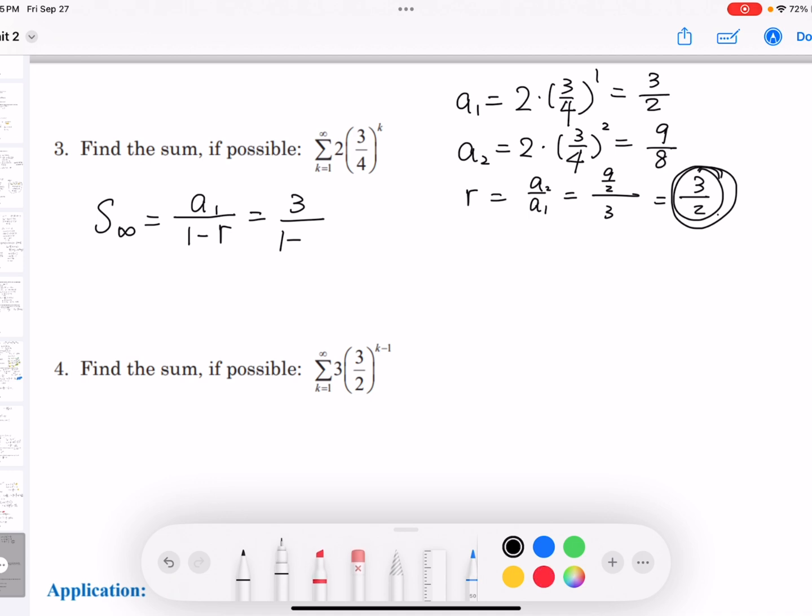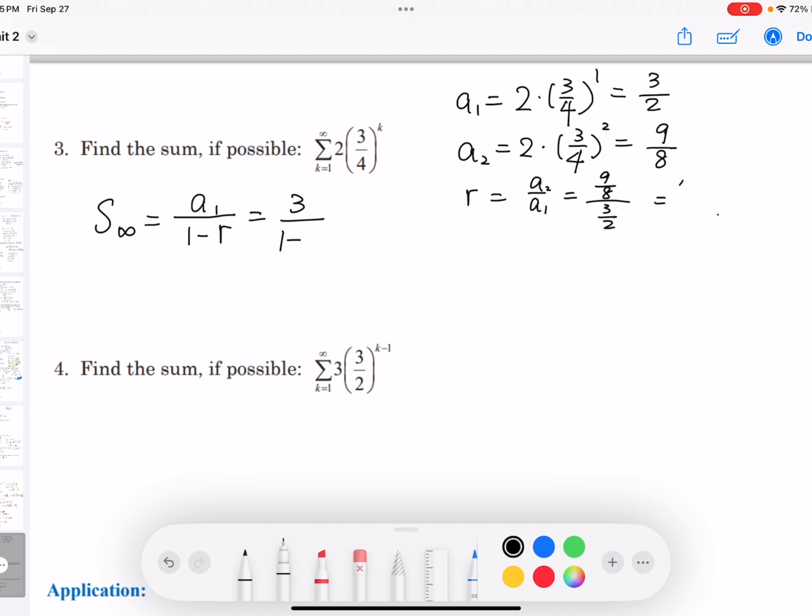Let me see if there's something wrong. Nothing wrong. Okay, let's do the division between a sub 2 and a sub 1. So on the top, we have 9 over 8, and a sub 1 is 3 over 2. Let's do the KCF.